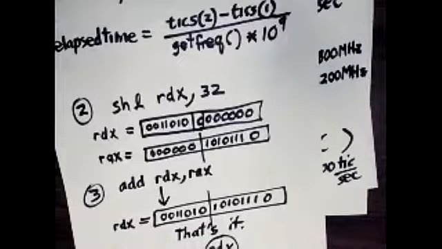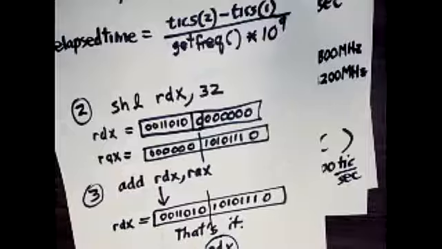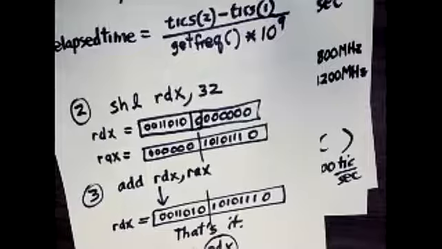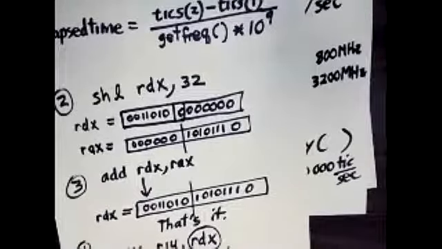We have number of ticks in R14. What do you do? You say step 5: CVTSI2SD, and that was in R14. Let's use XMM14.